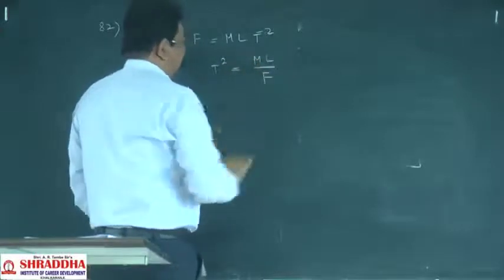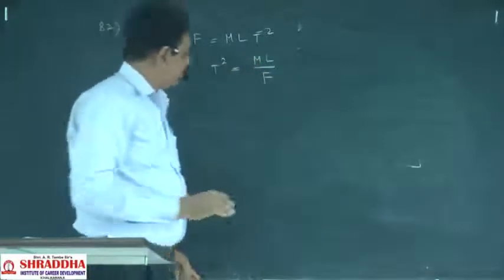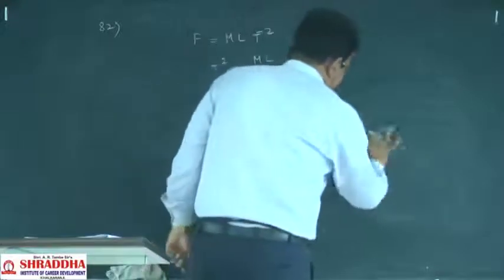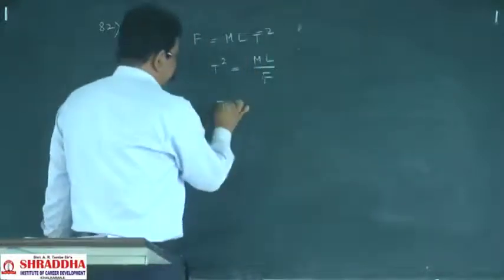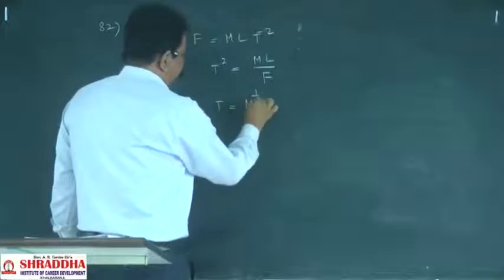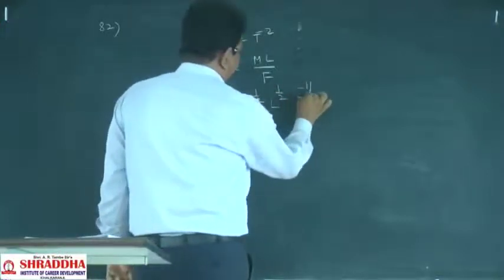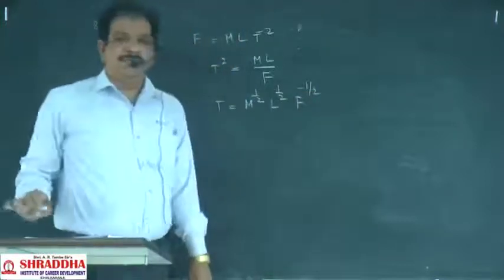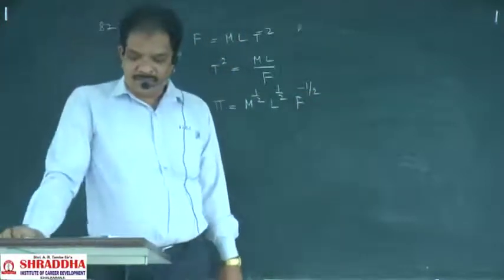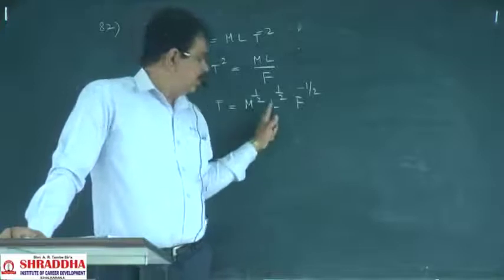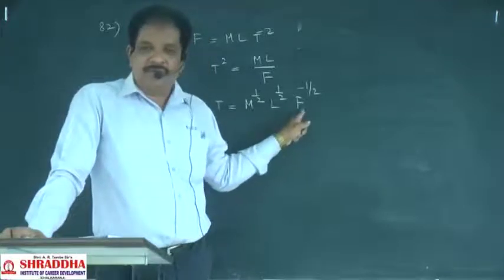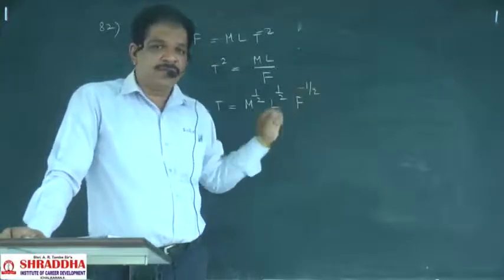M L by F. Then T value is equal to m power 1 by 2, L power 1 by 2, F power minus 1 by 2.